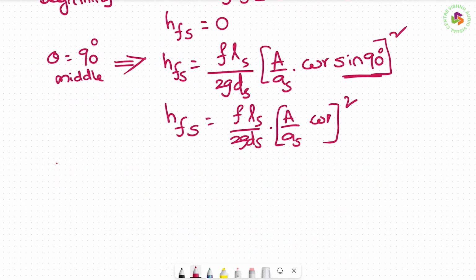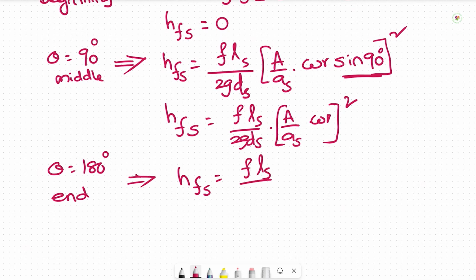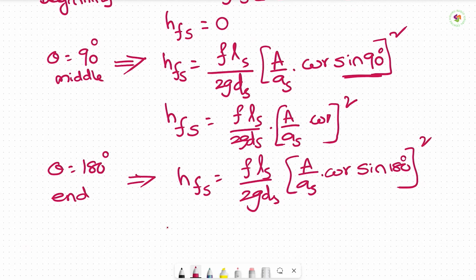And theta is equal to 180 degrees, end of suction stroke: hfs is equal to f ls by 2 g ds into A by as omega r sine 180 whole square. Sine 180 is equal to 0, so hfs is equal to 0.